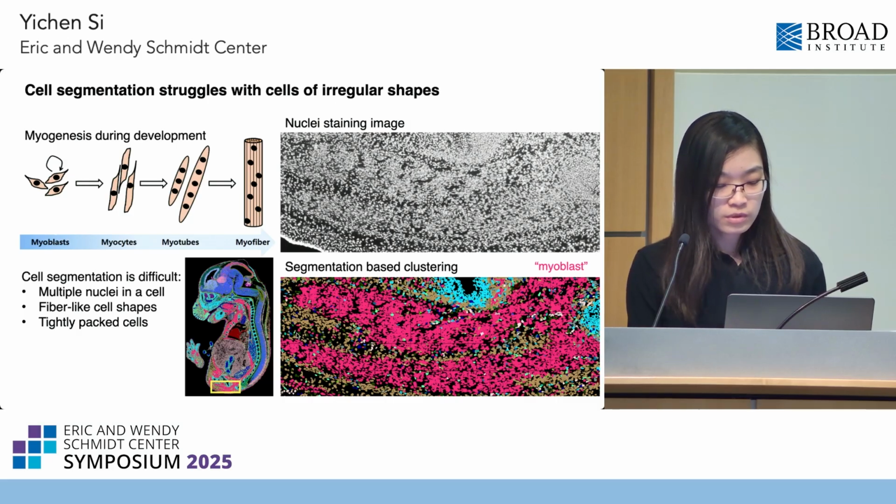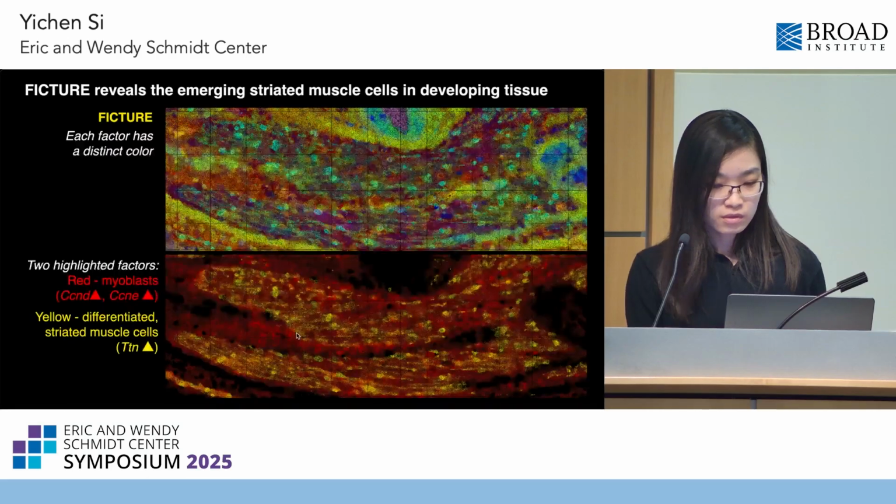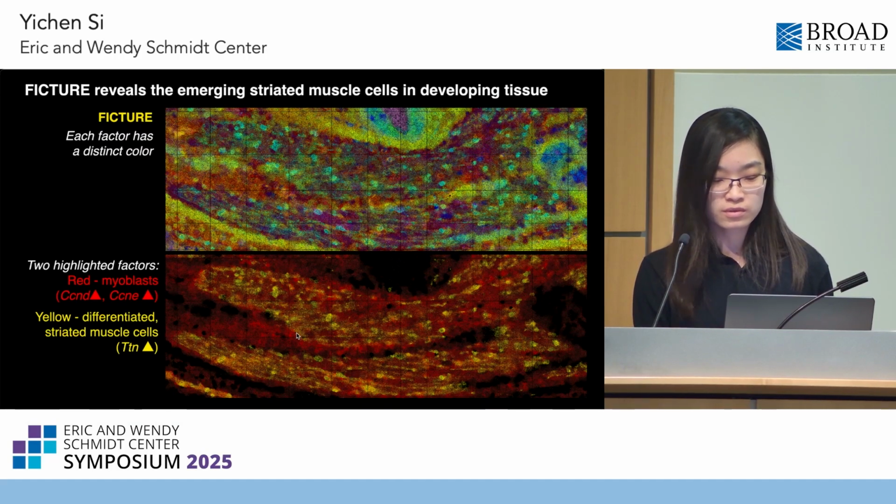We cannot see mature muscle fiber in this view, and almost all the cells were labeled as myoblast. However, when we applied our method, we see the emerging striated muscle cells. The top image colors each pixel by our inferred latent factors, and the bottom highlights two factors, the red pixels coming from myoblasts and the yellow pixels belonging to differentiated muscle cells.